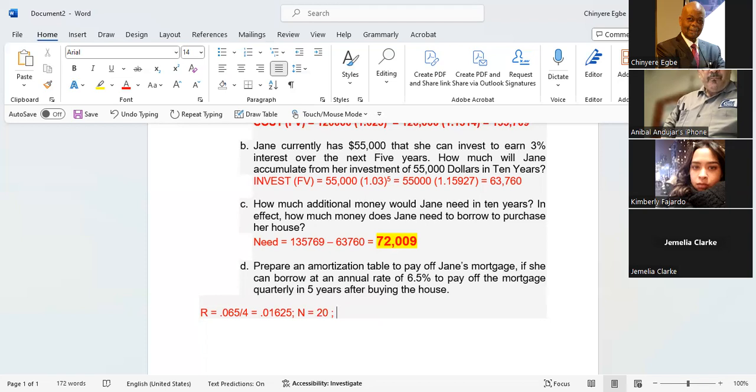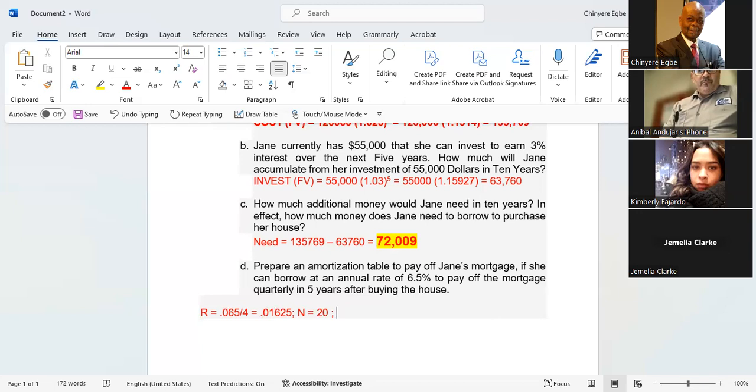So remember, the bank is going to give you 72,009, and you're going to be paying it off quarterly. This time you ask yourself, they're going to give you the money today, the present. So what is the amount of money that the bank is going to be receiving from you, because now they're going to be receiving a fixed amount of money every quarter from you for the next 20 quarters.